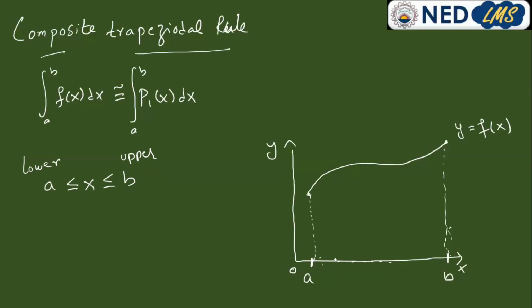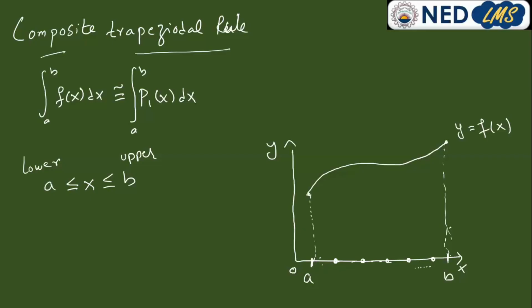For example, I will divide it like that. I select one point here, one point here, one point here, one point here, and so on till some second last point. How will we do that? Very simple. I said, okay, the first point is A and the last point is B. Because I am not relying on only two points, A and B, I have divided that interval from A to B into small pieces.